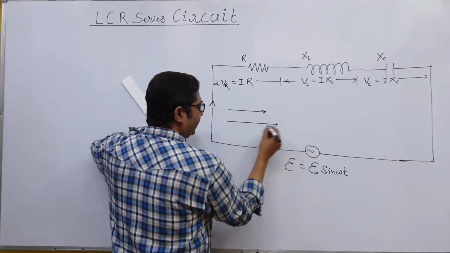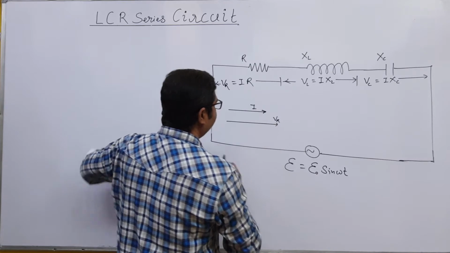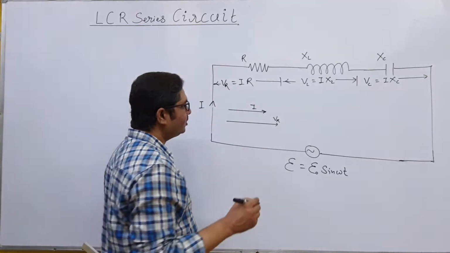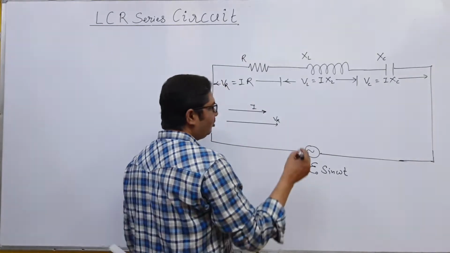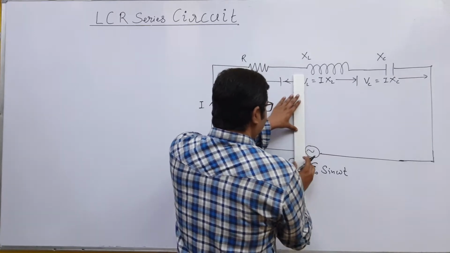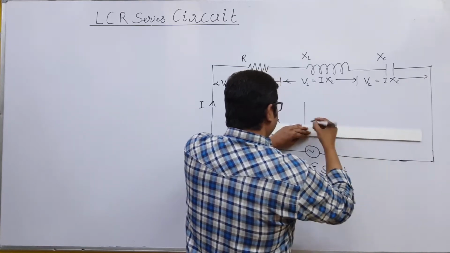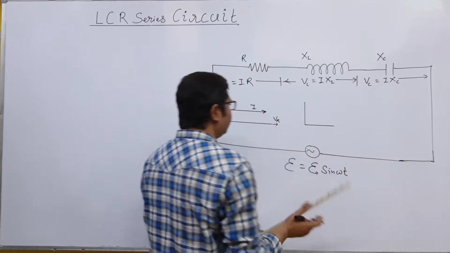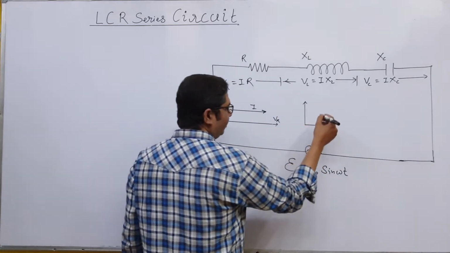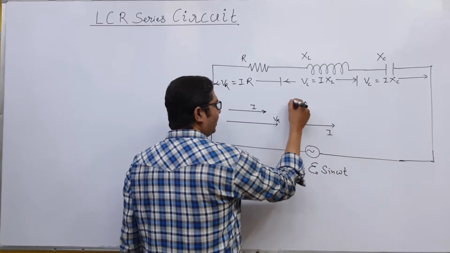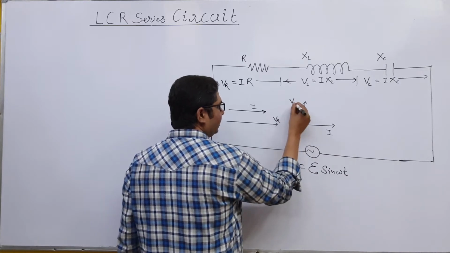This line indicates VR, and this line indicates I. Next, for the inductor, if you draw the phasor diagram, it will indicate perpendicular between current and voltage. This is the line where we are plotting the current, and this is the line where we have the voltage VL.